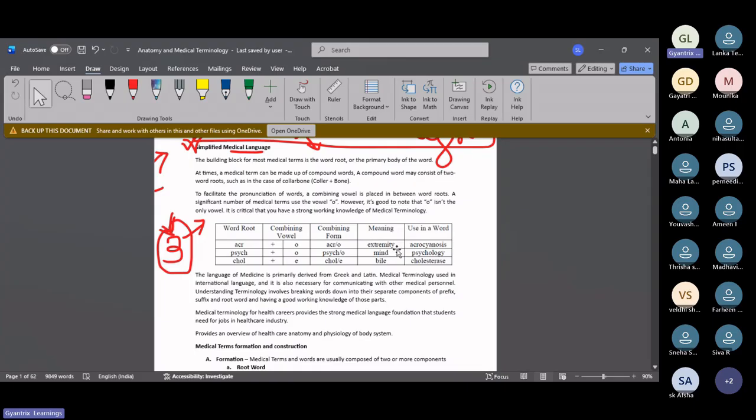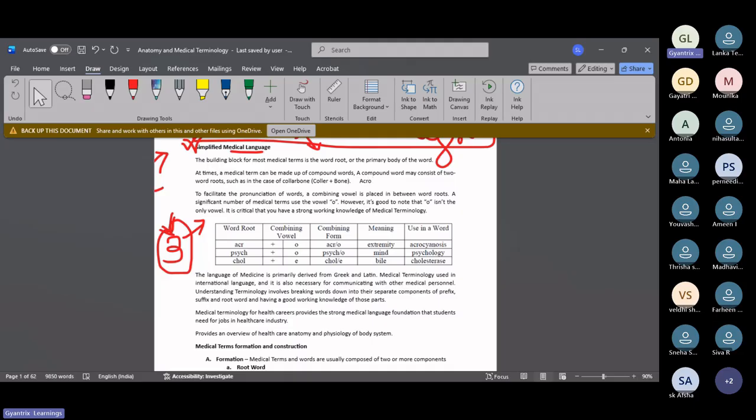So this extremity, we can see here, acrocyanosis. This is the word we are using in the medical record, in medical coding. If you come across this word, acrocyanosis, you don't have to be confused about what this condition is. Yes, you can identify this word, right? How can we identify it?